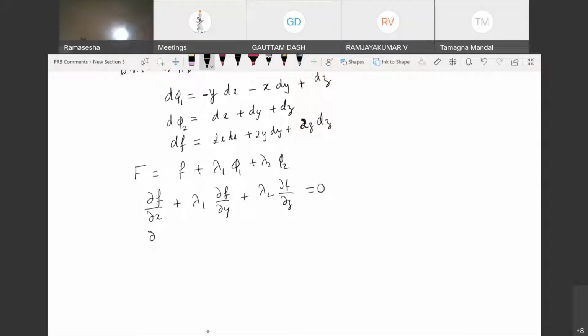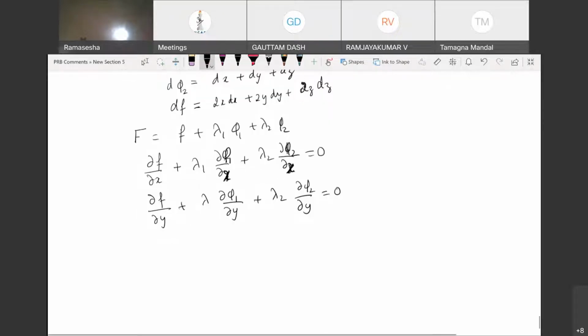Similarly, del f by del y plus lambda 1 del c1 by del y plus lambda 2 del c2 by del y equal to 0. So that is the first two.